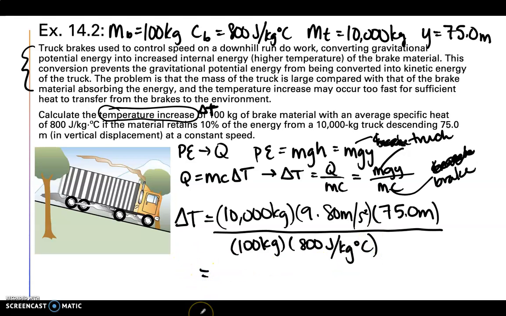Once you plug that into your calculator, you'll find that our temperature increase is 91.9 degrees Celsius.